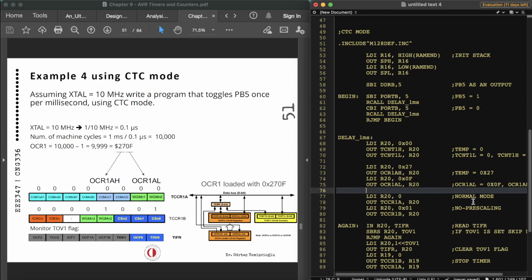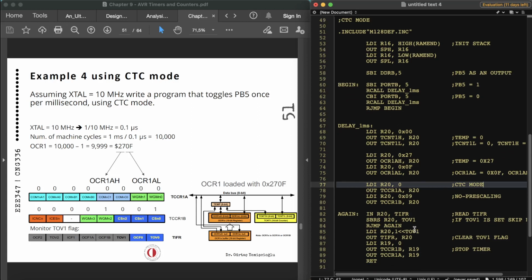Then rather than having it in the normal mode, TCCR1A is still 0, and this has to be changed to 9, and this will be in CTC mode. So we have set that to 9.